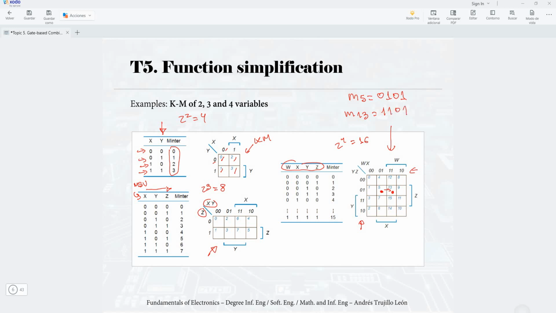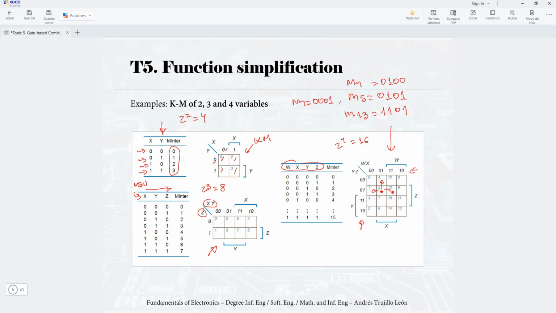If we look upwards, we have 4, and 4 is this minterm. If we look to the left, we have 1, and 1 is this minterm.